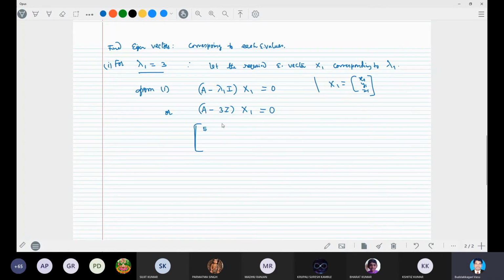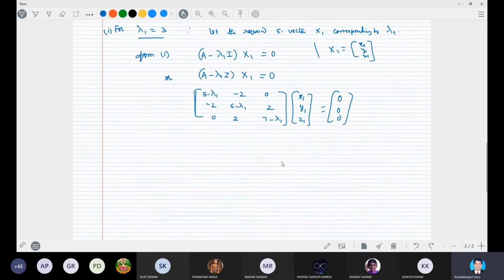So 5 minus lambda 1, 6 minus lambda 1, 7 minus lambda 1, into x1, y1, z1 is equal to 0, 0, 0.